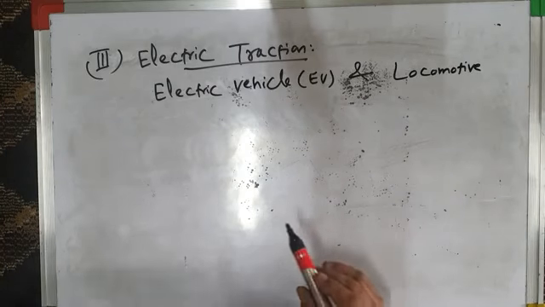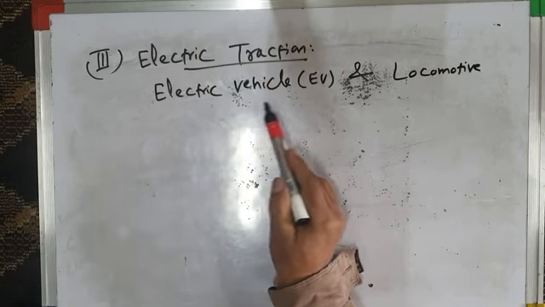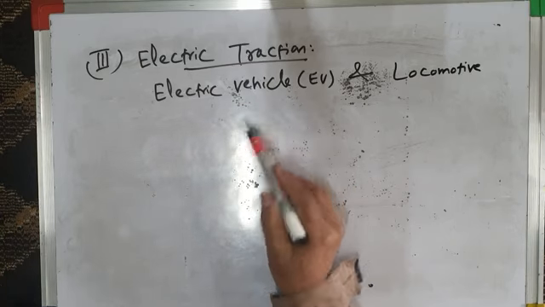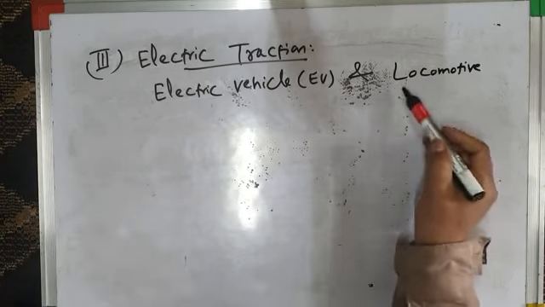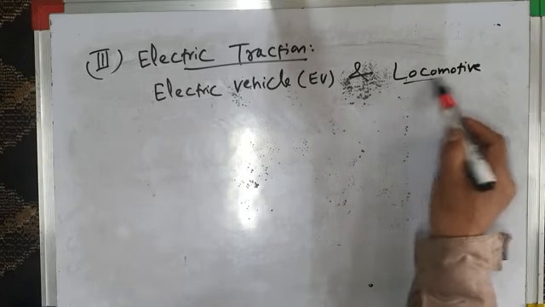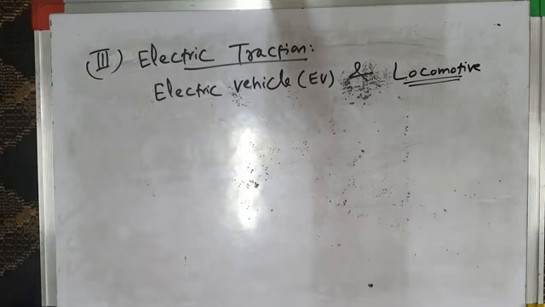We already know that there is a modern trend towards the use of electric vehicles. Electric vehicles use electric drives for running the vehicle. Similarly, locomotives in electric traction. In electric railways, we use electric traction or locomotives, which are driven by motors. So we have electric drives in both the cases.